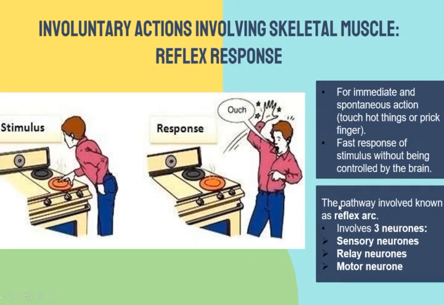Alright, so there are two types of reflex arc. There is the three-neuron reflex arc, and the second one is the two-neuron reflex arc. The three-neuron reflex arc involves sensory neurons, relay neurons, and also motor neurons. The two-neuron reflex arc only involves the sensory neuron and the motor neuron.